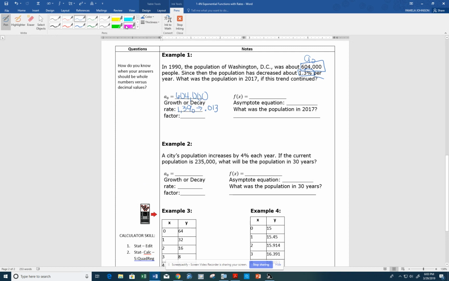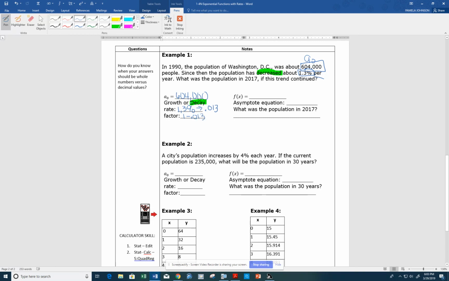Okay. Now, we need to decide if it's a growth or a decay. So let's look at the board problem again. Since the population has decreased, that's our keyword that tells us it's a decay. Okay, anything that indicates it's going down is going to be a decay. So for our factor, we're going to do 1 minus 0.013.